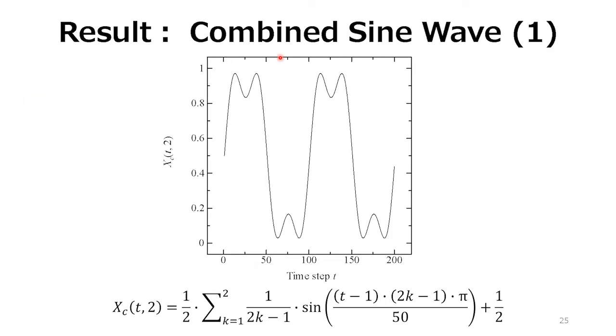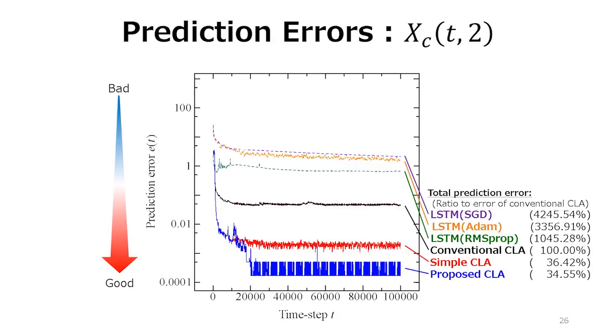Next, we use this combined sine wave. This figure shows the prediction error histories by 6 methods on the combined sine wave. These values are ratio of the total error to the conventional CLA. From the results, we see a similar tendency shown in the previous slide on sine wave.